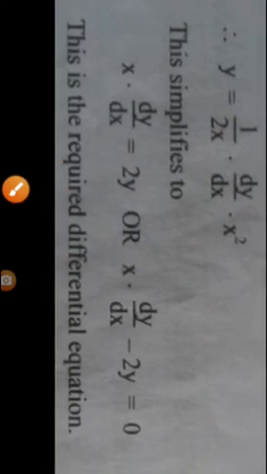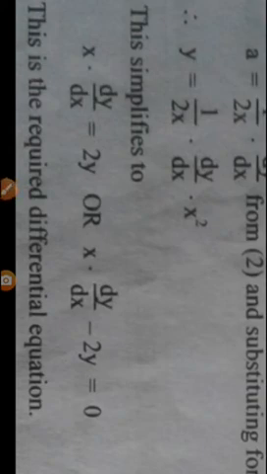So x by 2 into dy by dx, and this can be written as x into dy by dx equals 2y, because when this 2 goes to the other side, we get 2y, and here remaining is dy by dx into x.